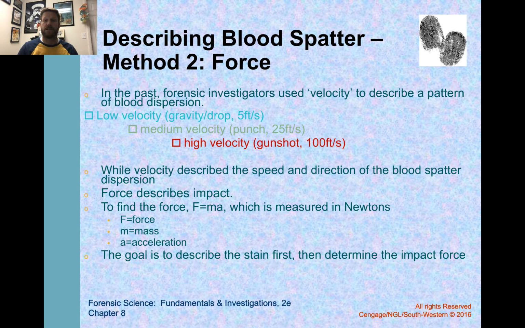So velocity is good for describing the speed and the direction of the blood spatter, but force actually describes that impact. The more force, the more the blood drop is going to accelerate and it'll hit the wall with more force. Nowadays, we describe blood spatter in terms of force more than we do velocity, because velocity is already associated with a description of blood spatter by force.